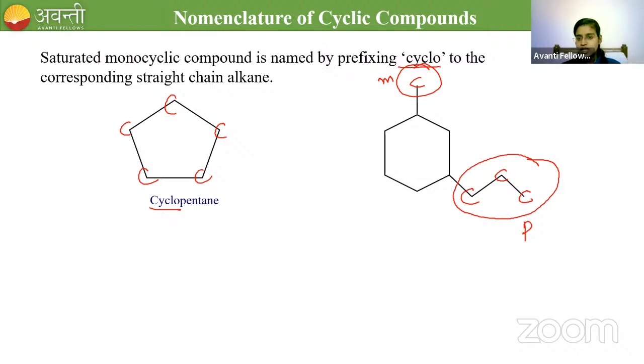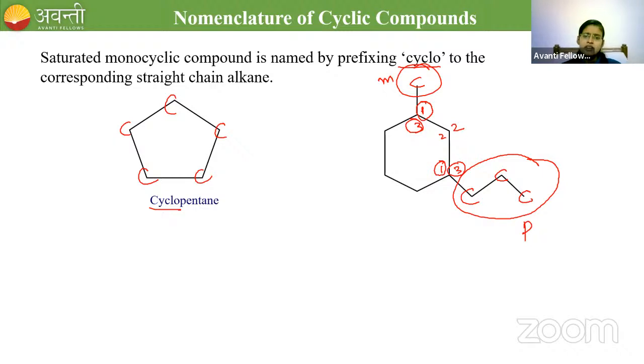In the clockwise direction, starting from methyl, it is 1, 2, 3. In the anti-clockwise direction, it is also 1, 2, 3. For both directions, we get the same numbers, 1 and 3, for the carbons to which the substituents are attached.